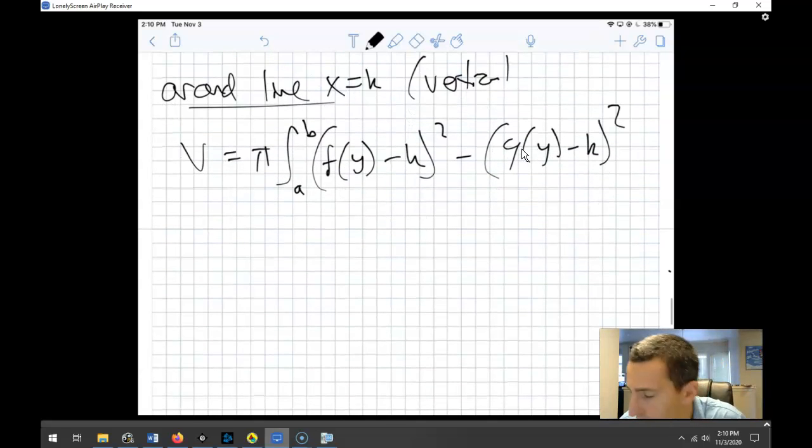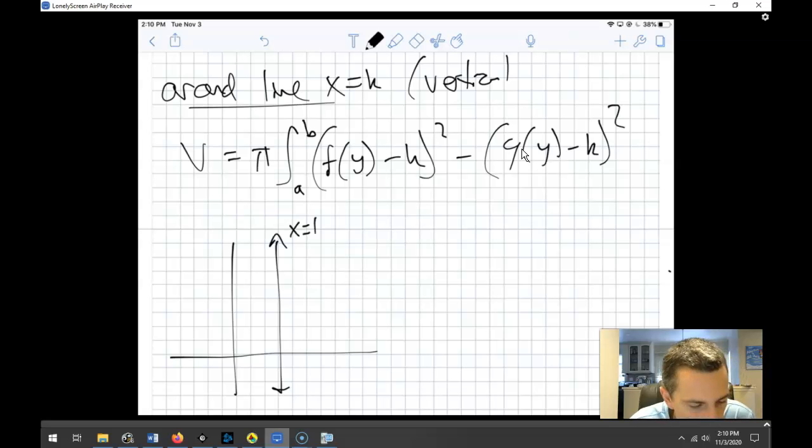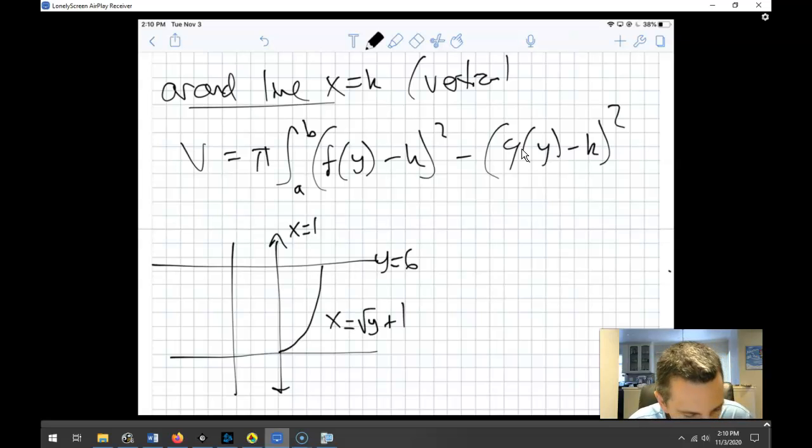So just to give a brief example like that, let's suppose we had the function x equals 1, and then we have just the line across for a bound, let's say y equals 6, and then we have this curve in terms of x, it's x equals square root y plus 1.